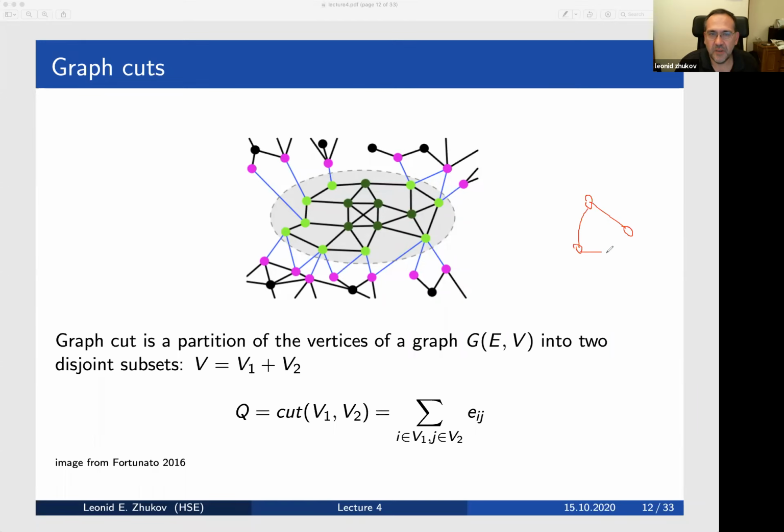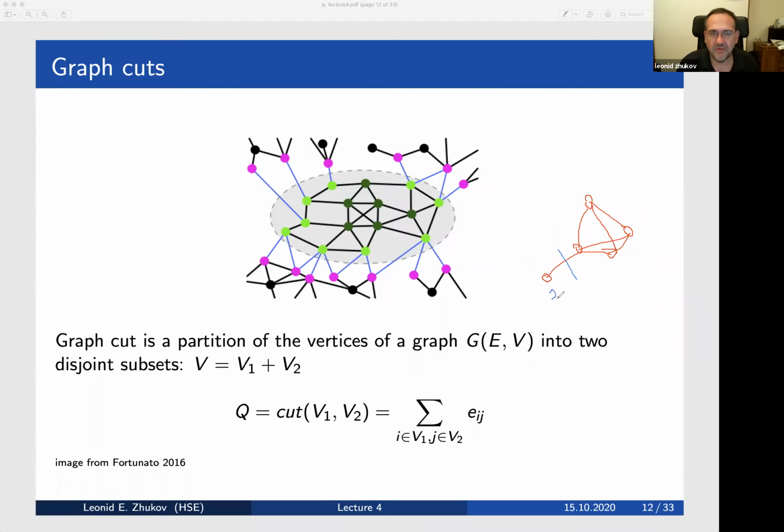So for example, if I have this kind of picture, and I have a node here, I can do this and split this in two. This will be the cut. The weight of the cut, or the value of the cut, is 1, because it took me one cut to separate this into two subgraphs.